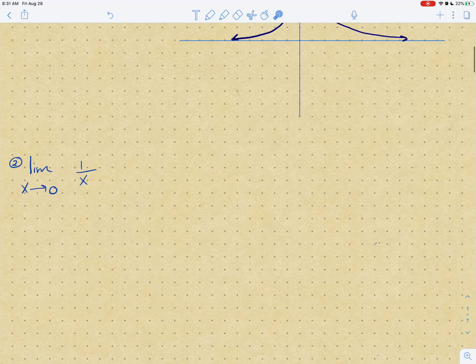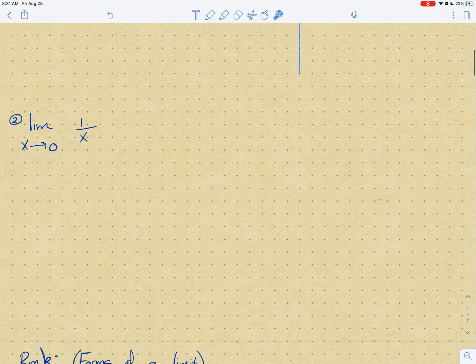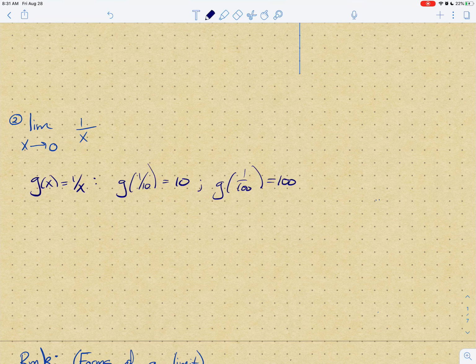For this example, it seems so similar. I'm switching from 1 over x squared to 1 over x, and the same argument sort of says, look, if we have g of x equals 1 over x, then g of 1 over 10 is 10, and g of 1 over 100 is 100. I can make the output y however large I want by plugging in something small enough.